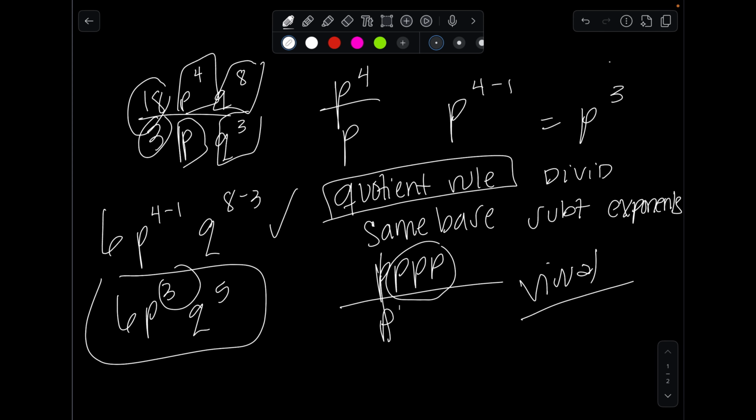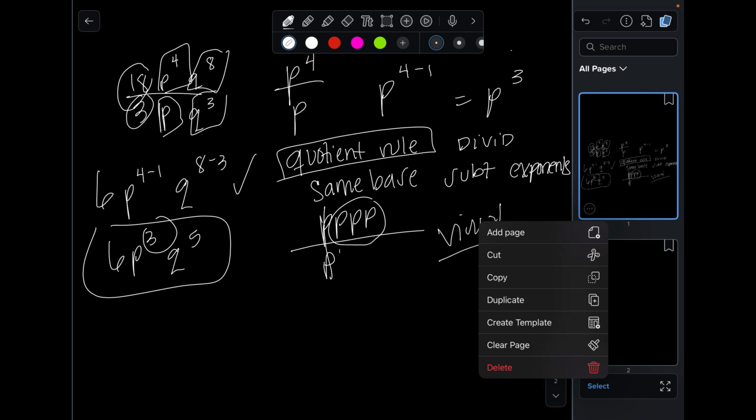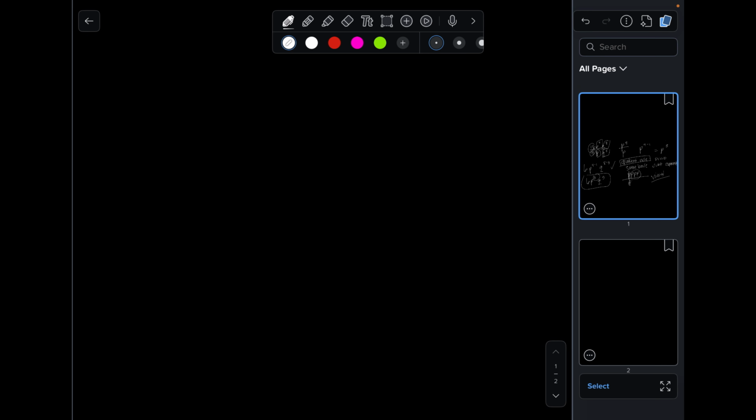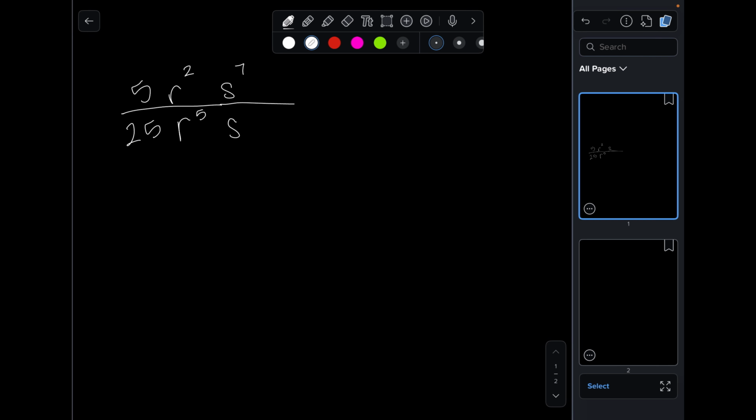Let's go ahead and take it up a notch to negative exponents. Get this into your notes. Pause your video if you have to. So what if you have, for example, 5 divided by 25, and r to the second power divided by r to the fifth power, times s to the seventh power and s to the third power.